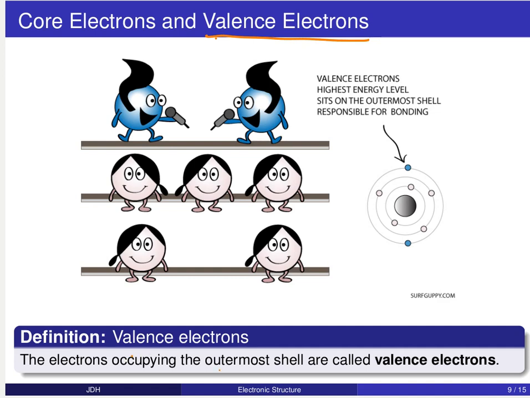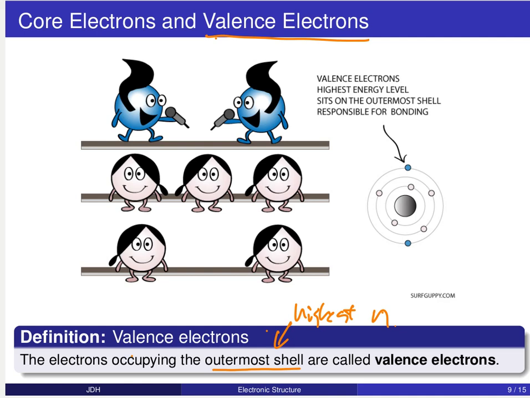And so these valence electrons are the ones occupying the outermost shell, the shell that has the highest value of n. The highest principal quantum number, as we saw previously when we looked at the radial distribution function, corresponds to orbitals that have a higher probability of finding the electron further from the nucleus.